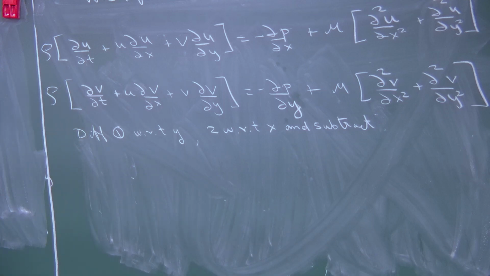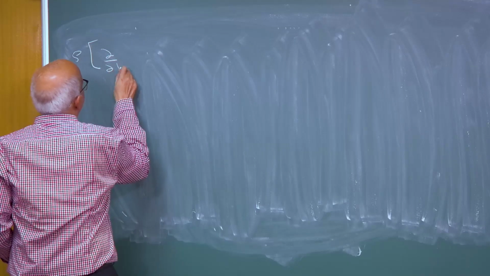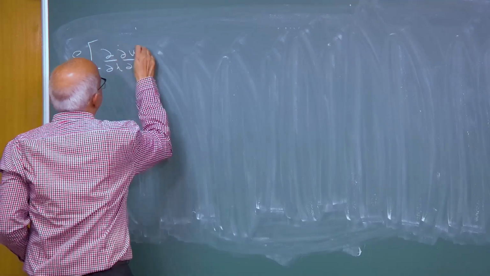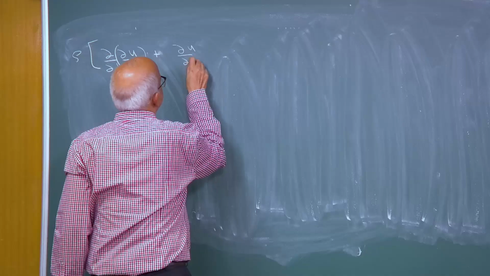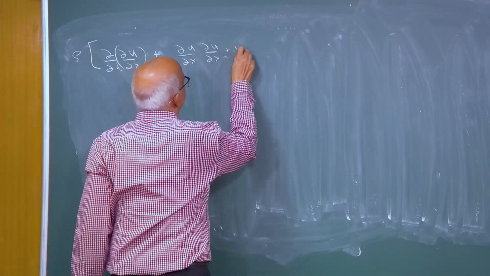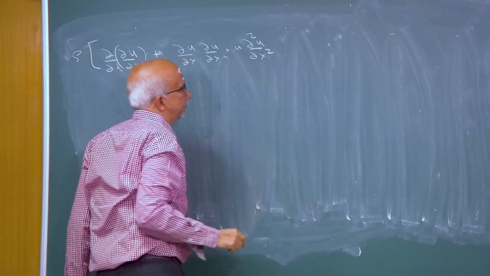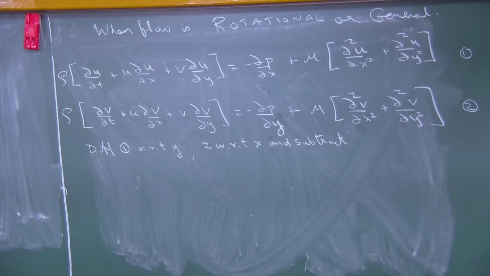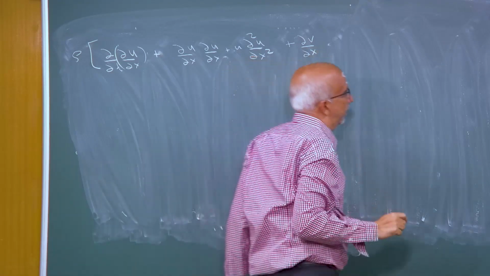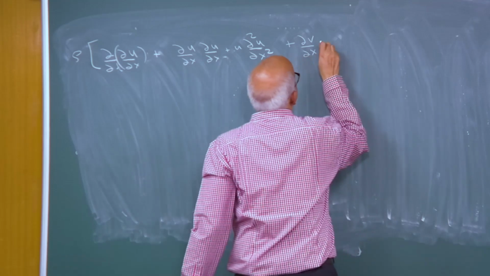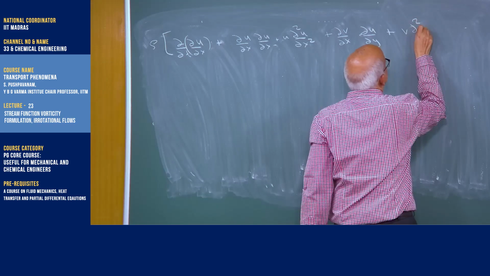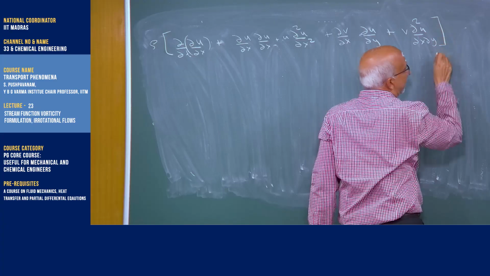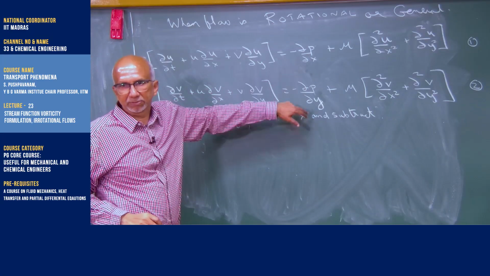So, differentiate this: rho times d by dt of du by dx plus, use the product rule, differentiating with respect to x, right, du by dx times du by dx plus u d square u by dx squared plus dv by dx du by dy plus v d square u by dx dy, and I am not going to write this because when I subtract it is going to get cancelled off.